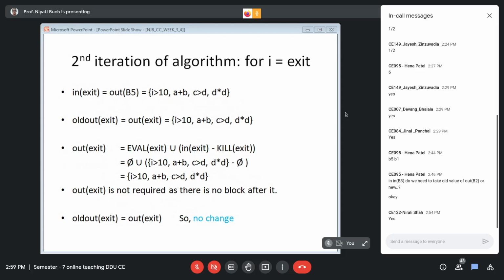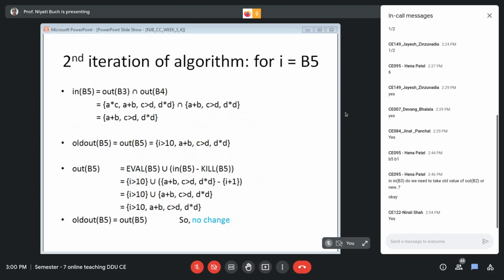So what happens after this? There is no change in the outset for any of the blocks. Even if you are having a change for one of the blocks, you will have to take the whole iteration again. Suppose, it's not happening over here, but let us assume that for B5 there is a change in value, and we are not getting exactly the same set.